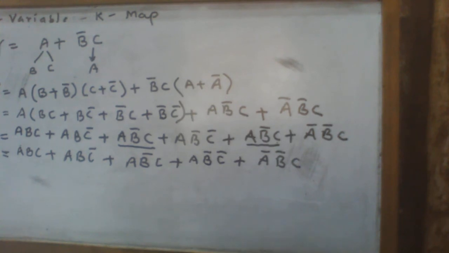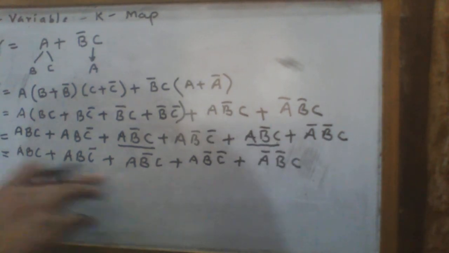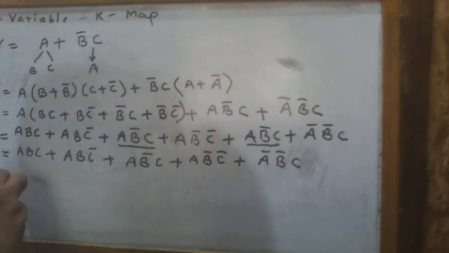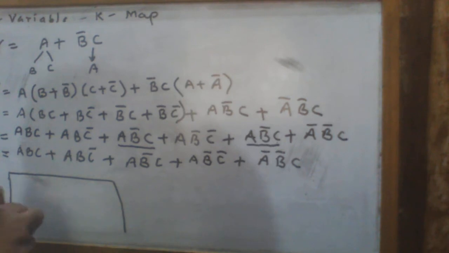Okay, now I will write this equation in K-map format, and for K-map we know that it is 3 variables. Therefore, I will plot the K-map in this way.